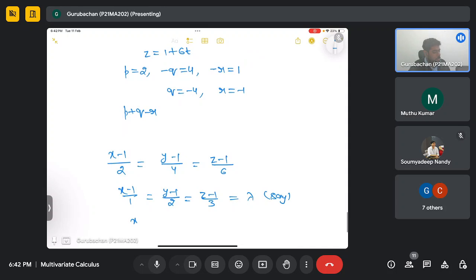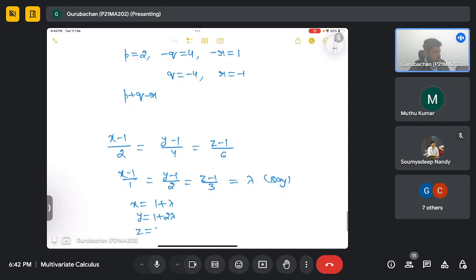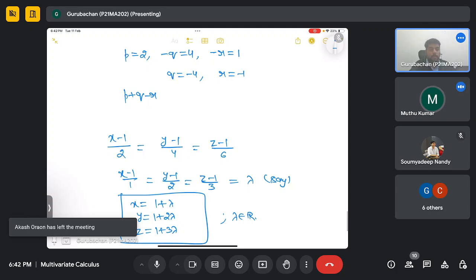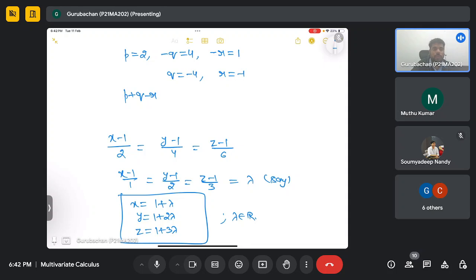So x is 1 plus lambda, y is equal to 1 plus 2 lambda, and z is equal to 1 plus 3 lambda. I hope this is what you were asking about, or do you want to ask something else?